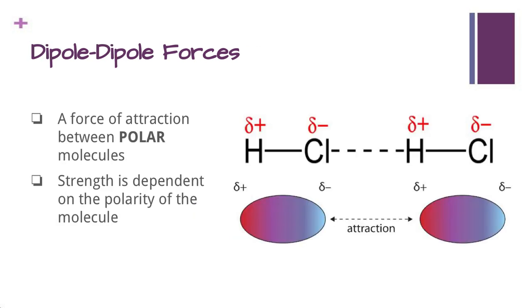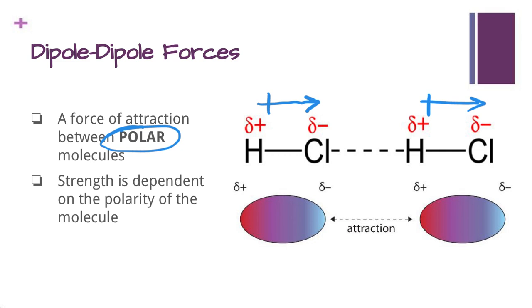Okay, so let's get into the three different types. The first type is dipole-dipole forces, and these are forces of attraction between polar molecules. These are molecules that have an overall dipole. Something like HCl has a bond dipole that's pointing towards the chlorine.